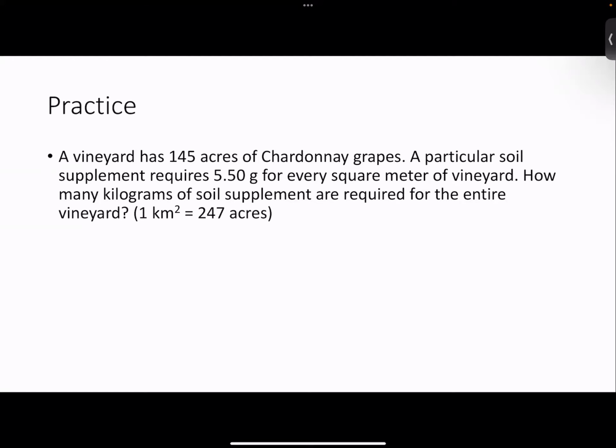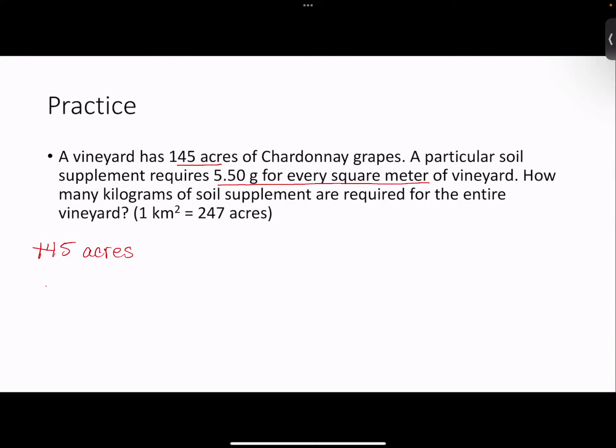I always start by making a list of the information I was given. I was given 145 acres. I was also given 5.5 grams for every square meter.